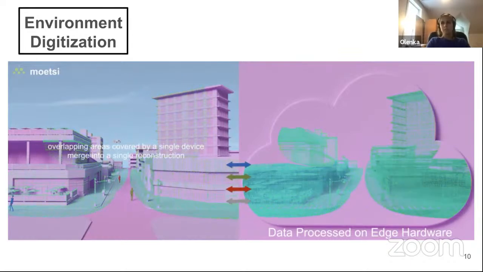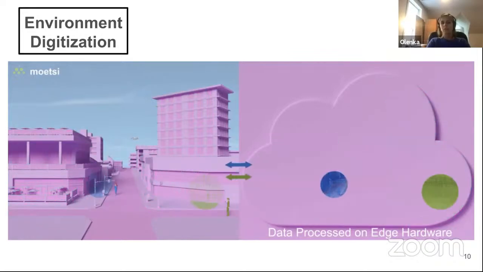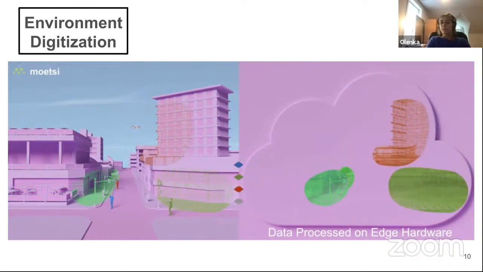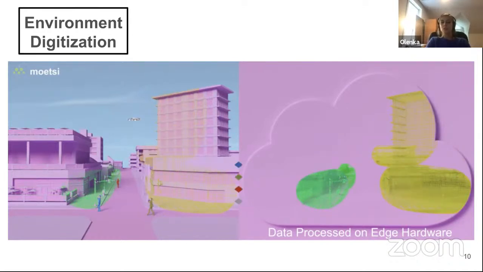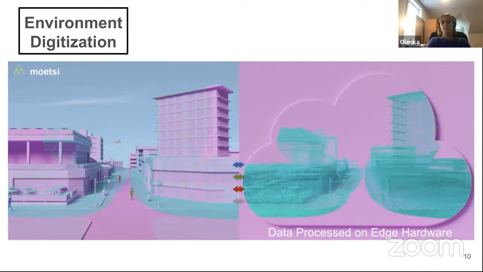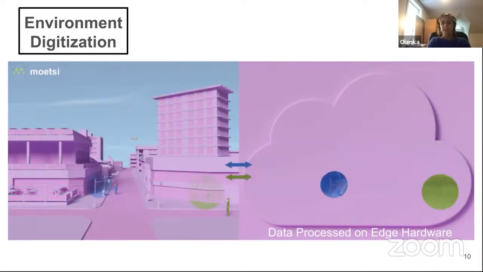For example, 6D.ai is able to do unbelievably fast and accurate local environment digitization using only the RGB sensor on mobile phones. However, as with anything here, using edge processing does increase the speed of reconstruction, both because of real-time processing and also because of real-time feedback on what areas have already been covered. So there's less rework.